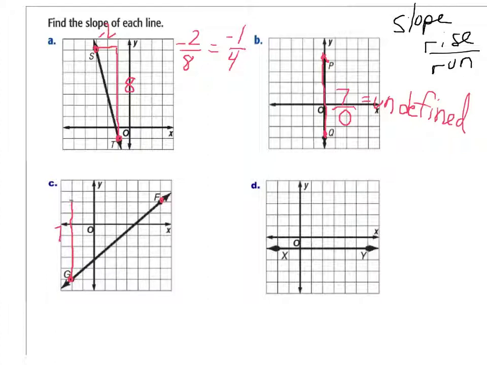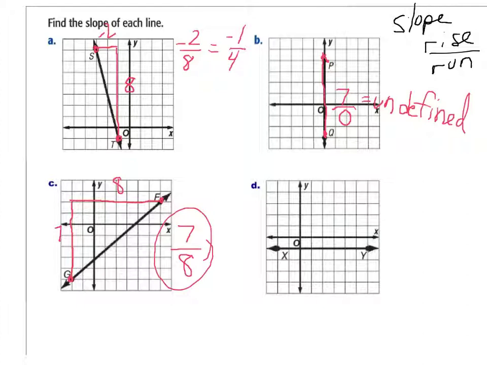And I have a run of 1, 2, 3, 4, 5, 6, 7, 8 in the positive direction. So my slope is 7 over 8. That fraction cannot be reduced, so 7/8 is my slope.